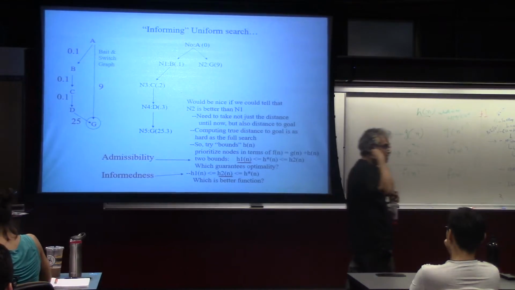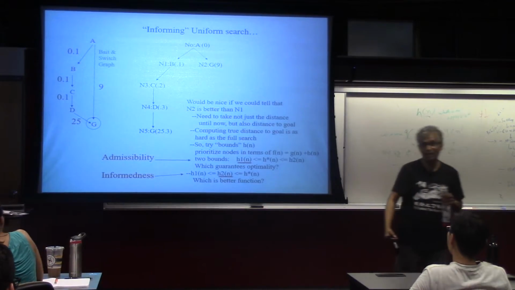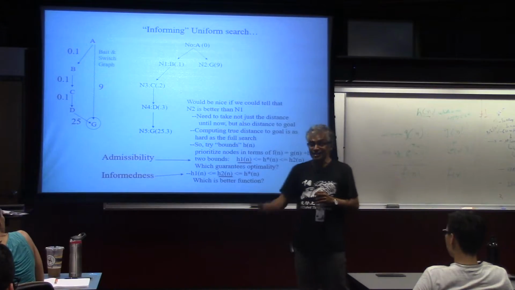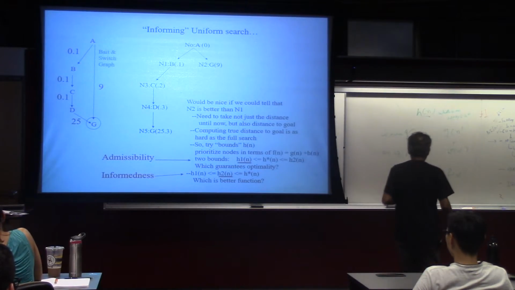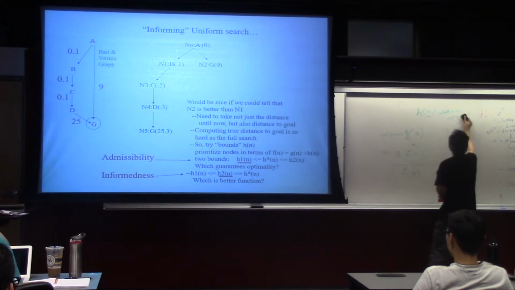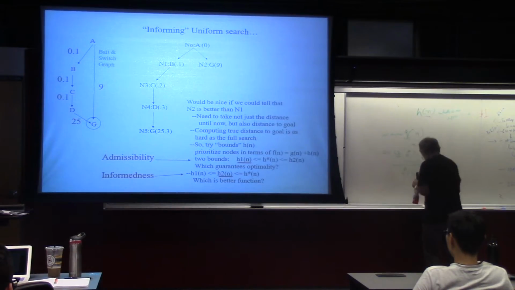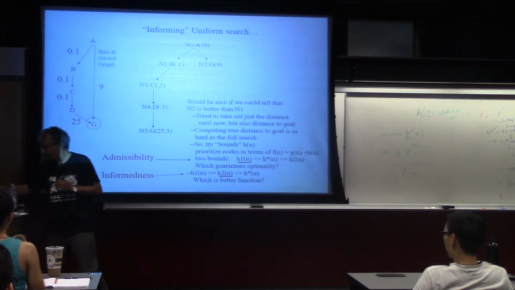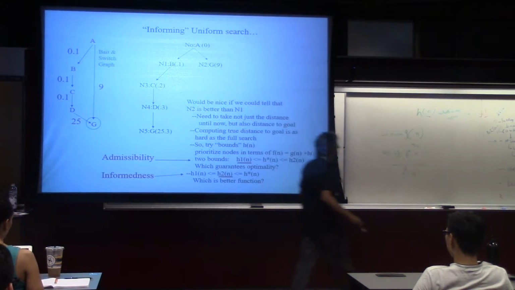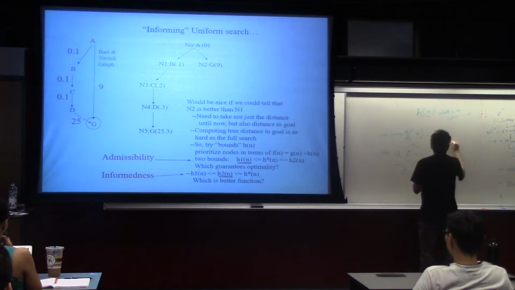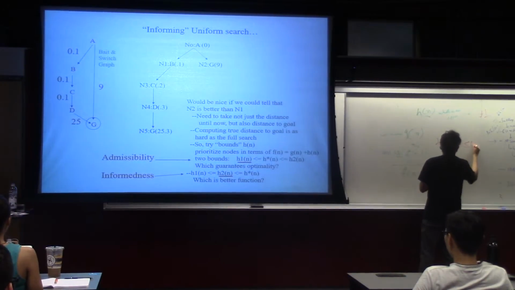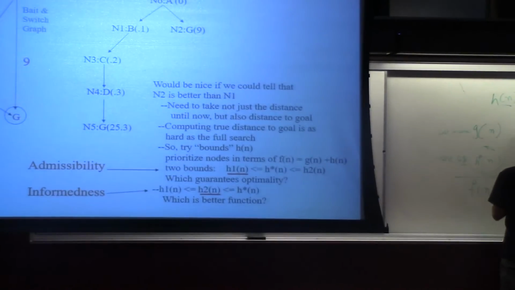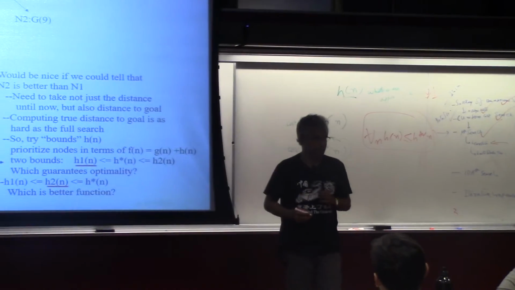And for every search node you need to give an approximation H of n such that for all n, H of n is less than or equal to H star of n. This would be called a lower bound heuristic.